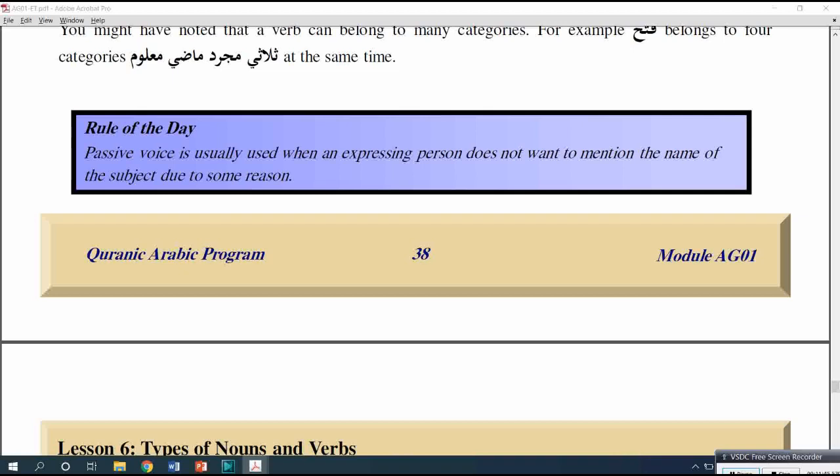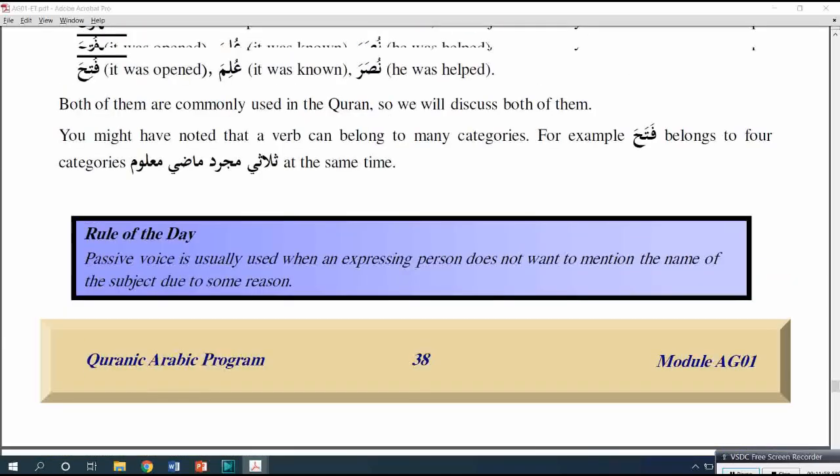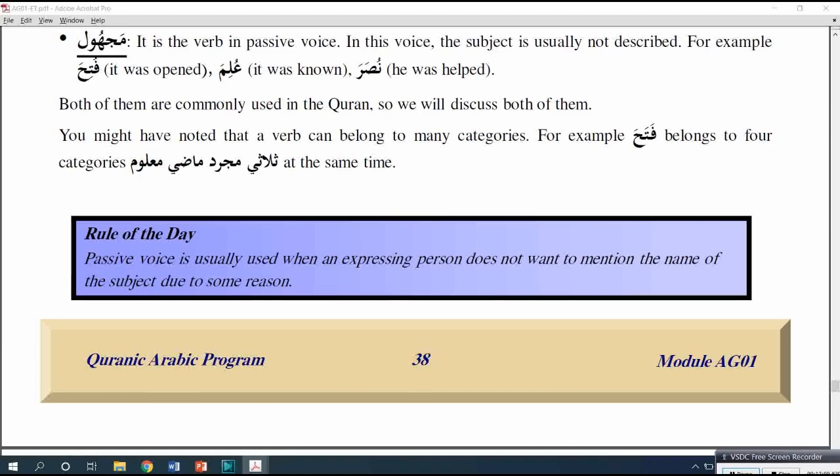This happens as well. You will ask why these words are used in the Quran. For example, it might happen that these people might go to paradise, or these people might go to hell.